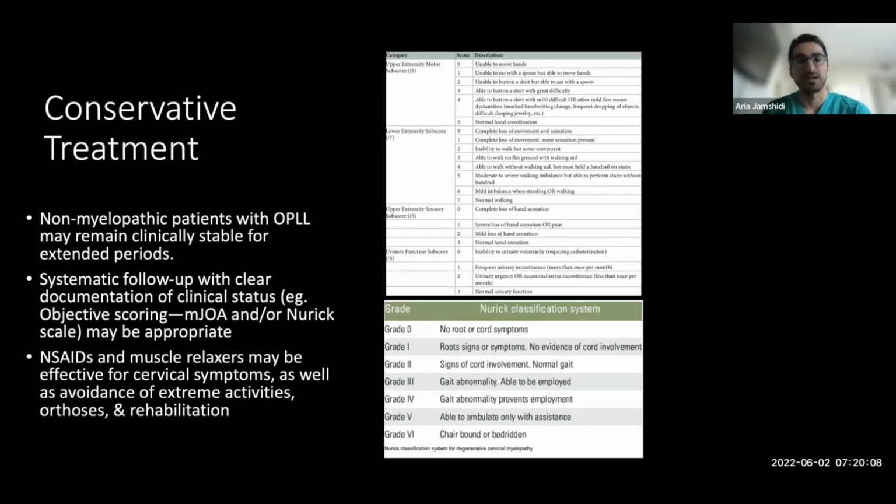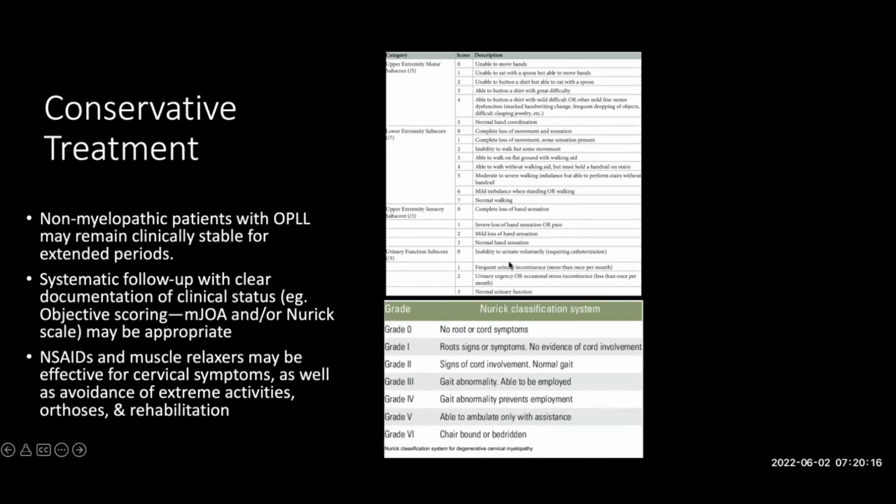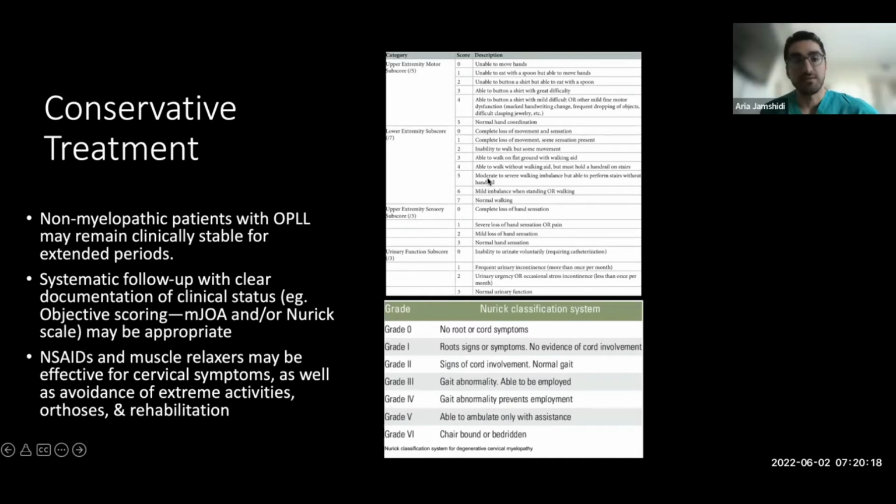However, this is not going to work great for any symptomatic patients. But again, it's pivotal to follow these patients clinically if you're going to do that, with systematic follow-up and documentation of their clinical status with their JOA score or a neuroclassification, so that if their symptoms do develop, you can offer surgery.